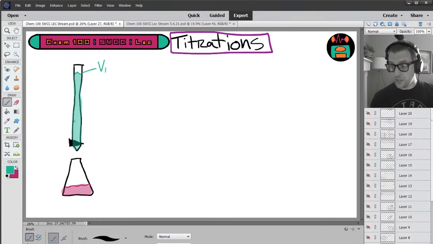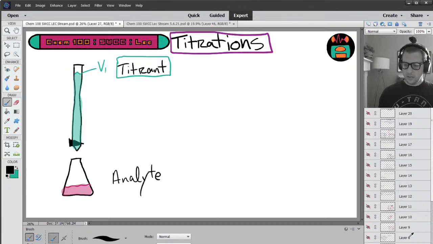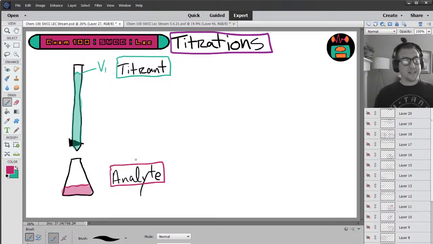You mark the volume where you start. This is the titrant, and this is the analyte. The titrant and analyte react together.